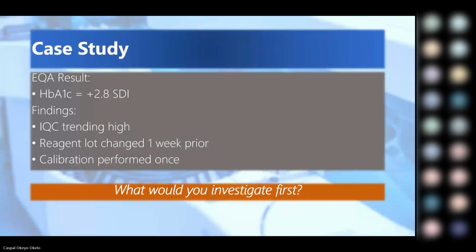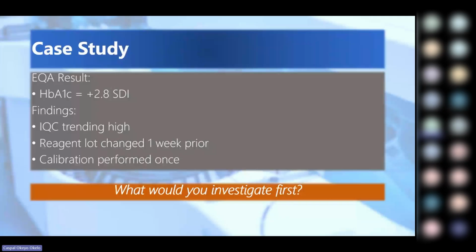Now, after all the discussion, we are going to take a practical approach. I want to give us a case study to investigate a root cause. You have your EQA result and your HbA1c is an outlier at positive 2.8 SDI. So you do your investigation of the day.